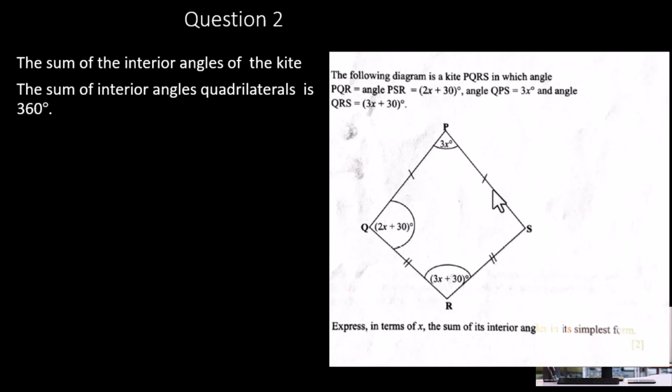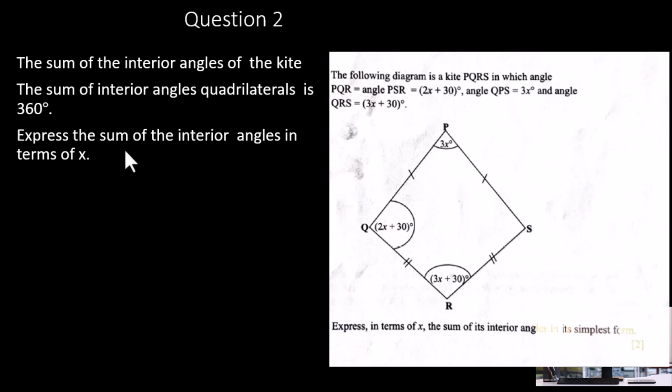Our n is 4, so we subtract 4 minus 2, then multiply by 180. This gives us 360. So express the sum of the interior angles in the form of x.